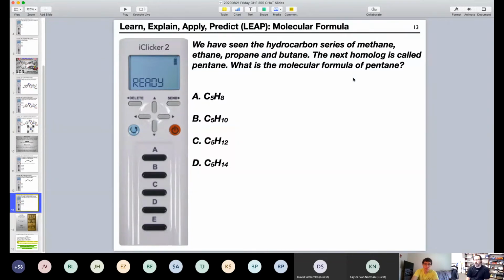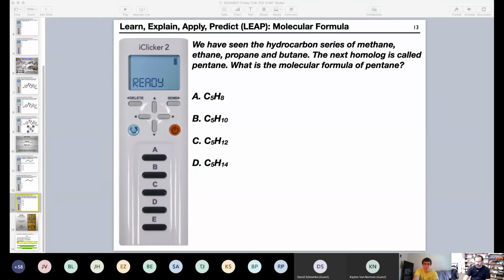So I used the word, remember from a couple slides ago, unsaturated. If you look at methane, ethane, propane, butane, pentane, the alkane series, they're what we call saturated. So what does that mean?